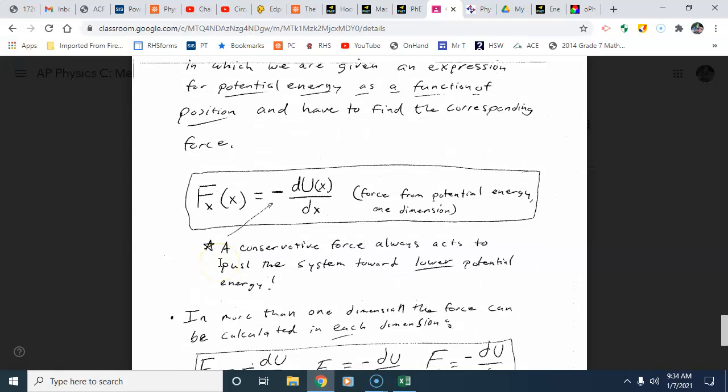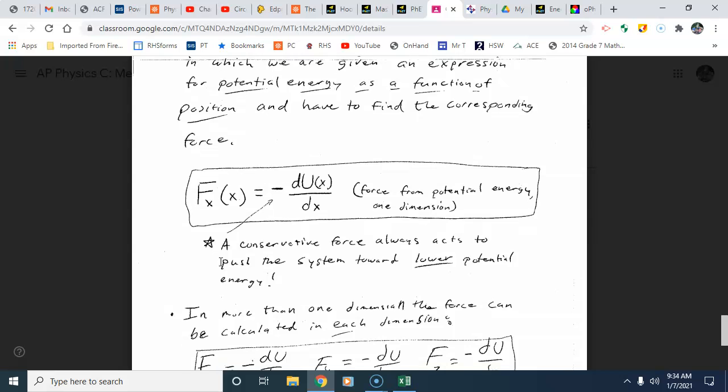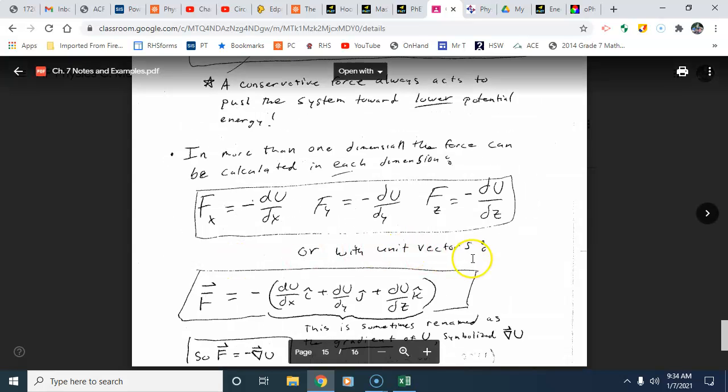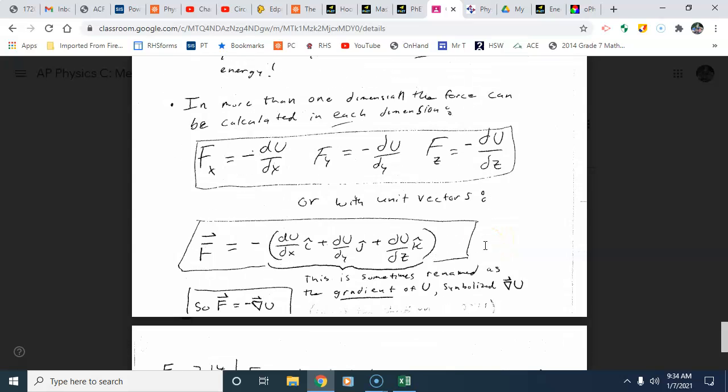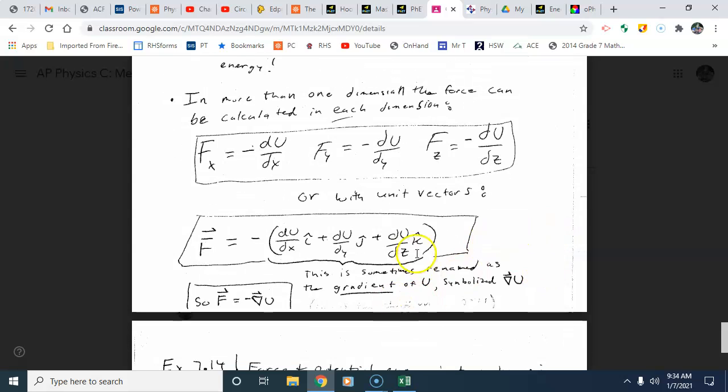All right. Usually we're only going to have to apply this on one axis, but you could have multiple dimension things. If you have multiple dimensions of motion, you could just apply this idea to each axis separately, basically x, y, and if there is a z, z. This is not the most important thing, but it's in the book, so I put it there.